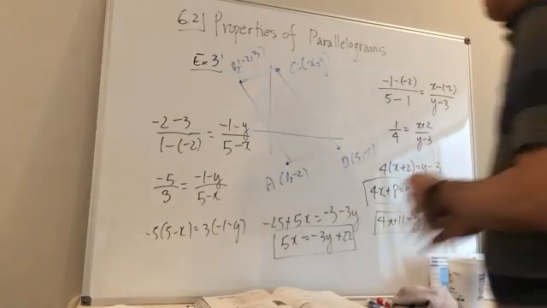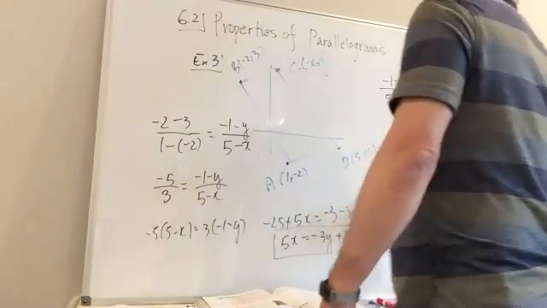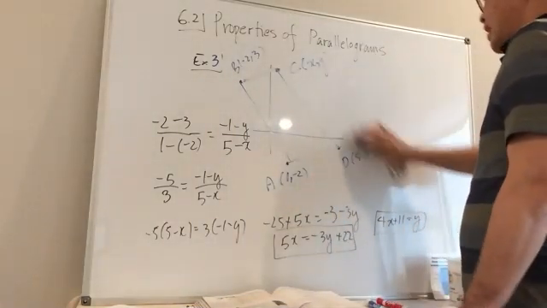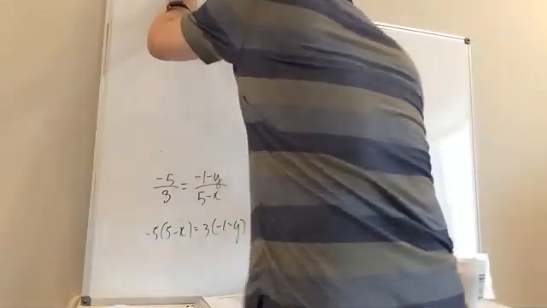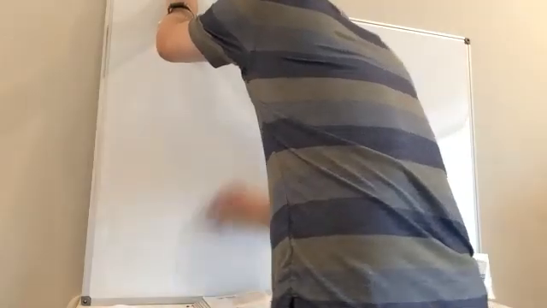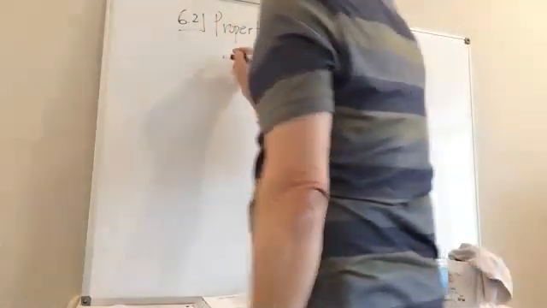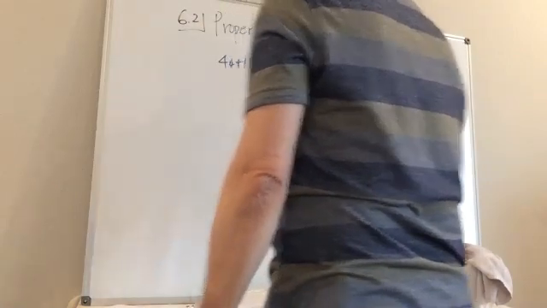Let's see if we can go back to algebra and pre-algebra and see if we remember how to solve system of equations here, right? So I have 4x plus 11 is equal to y.